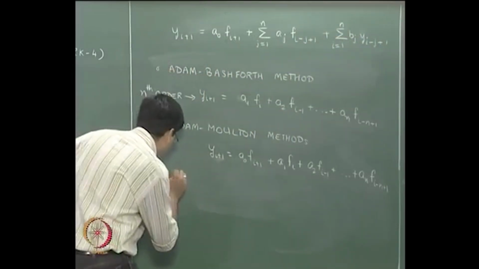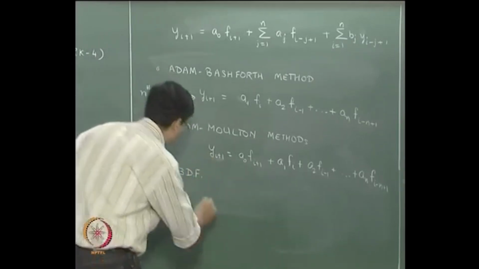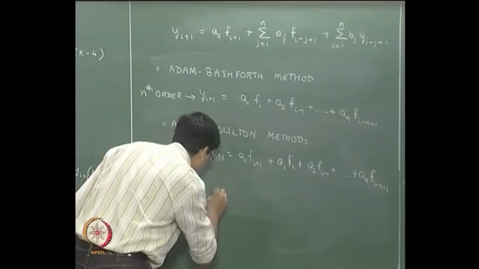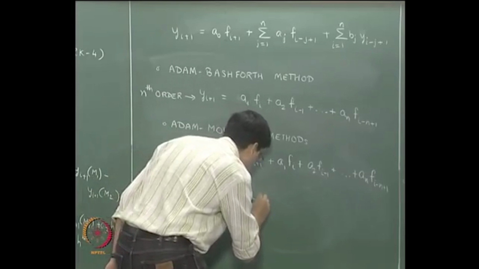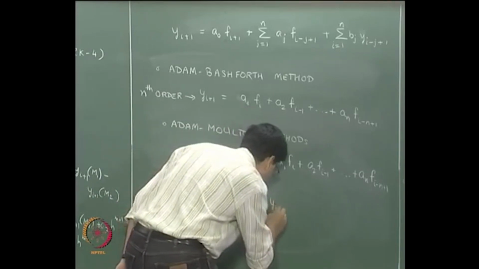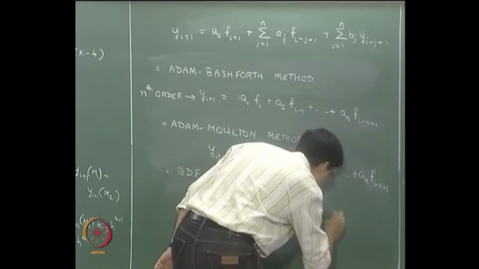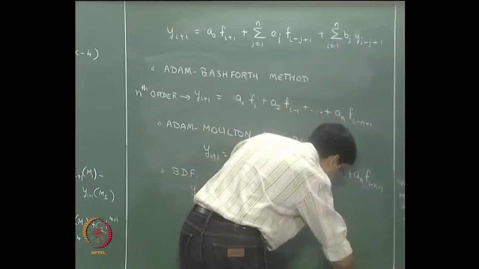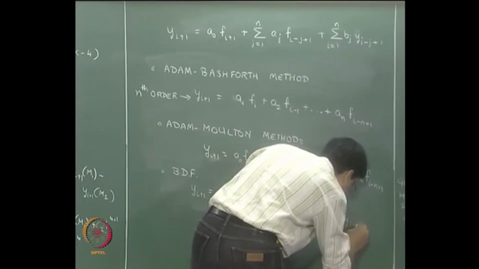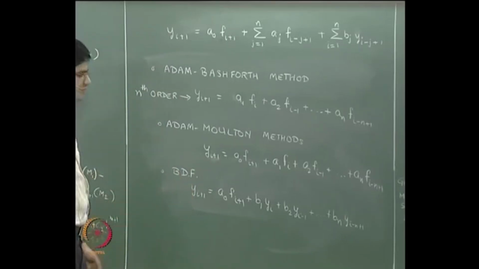So the backward difference formula is going to be y i plus 1 equal to a0 f i plus 1 plus b1 yi plus b2 y i minus 1 and so on up to bn y i minus n plus 1. Okay. And so we will have an nth order backward difference formula.